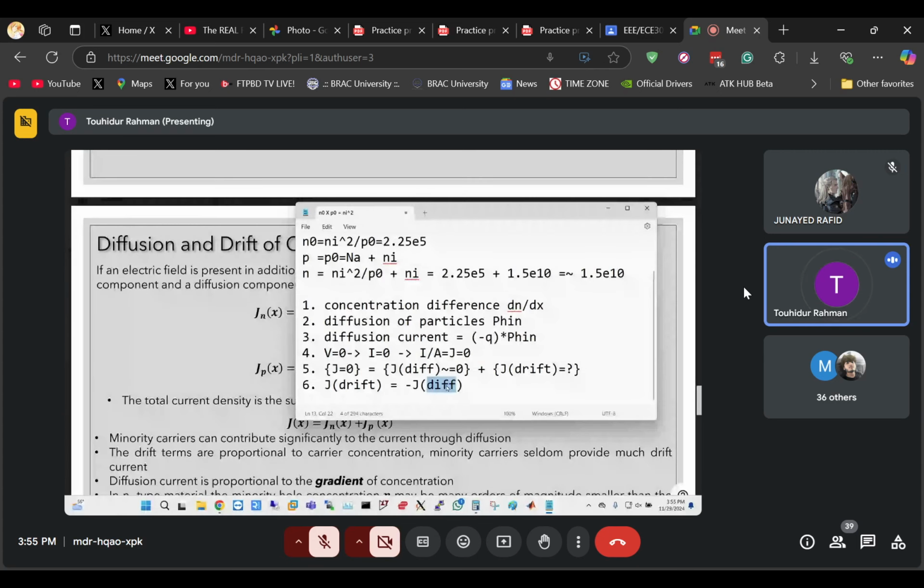To make the total current equal to zero, we need another event happening, which we call drift current, and drift current must be equal and opposite to the diffusion current. Everything is tied to a particular condition: voltage is zero. If the voltage is zero, the drift current is equal and opposite to the diffusion current. As a result, the total current is equal to zero.